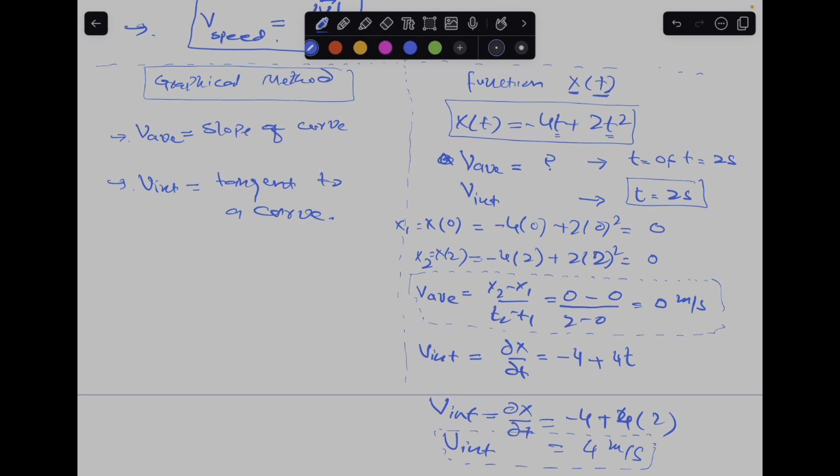By the graphical method, you take a slope between 2 points, x2 minus x1 over t2 minus t1. Then, for any curve like this, you take a tangent.